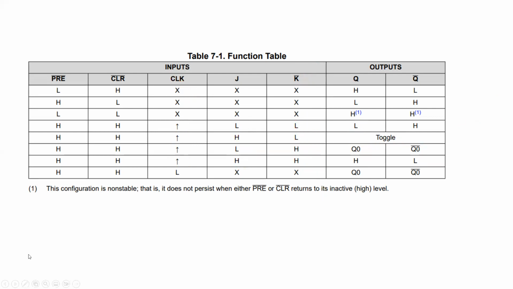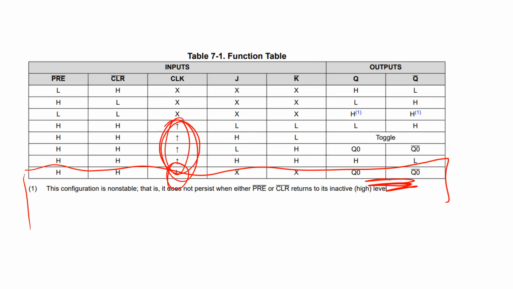The last one here. What I want to tell you in the last one is no change when the clock is low. I don't know exactly what this means, but I think what you want to see here is that if there is no rising edge, it should not work.